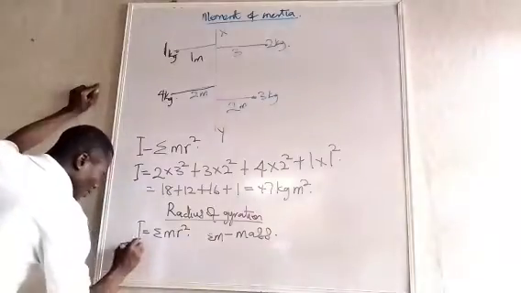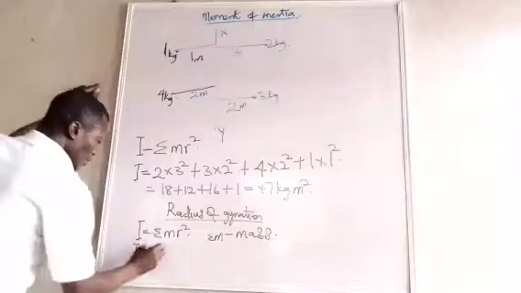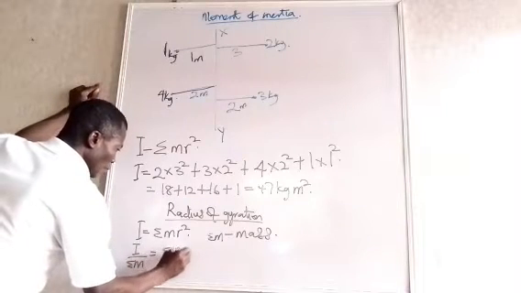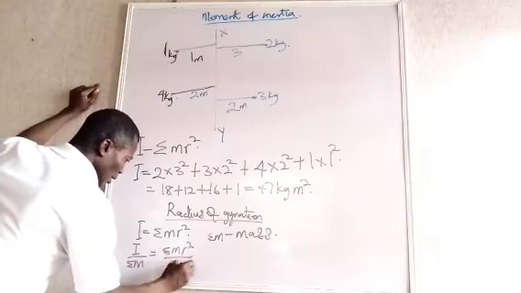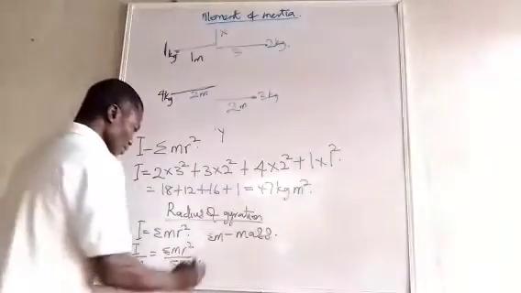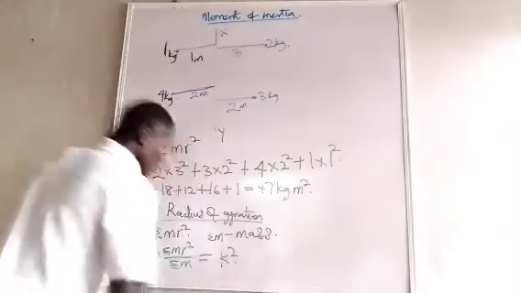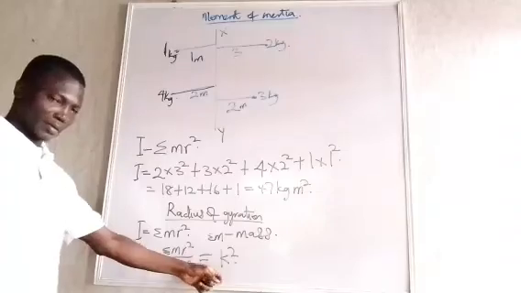So I over summation m will be summation mr squared over summation m. Are you getting it now? So this quantity here is what we refer to as radius of gyration squared. Do you understand?